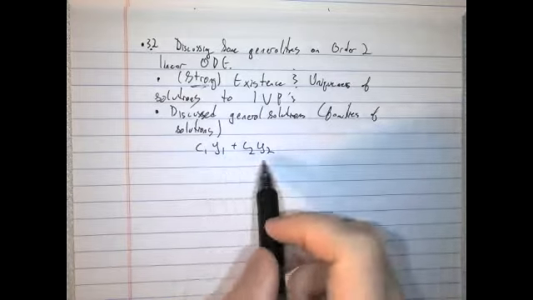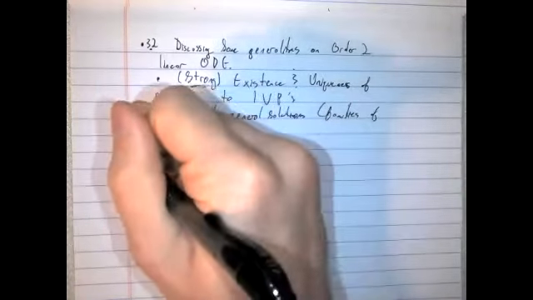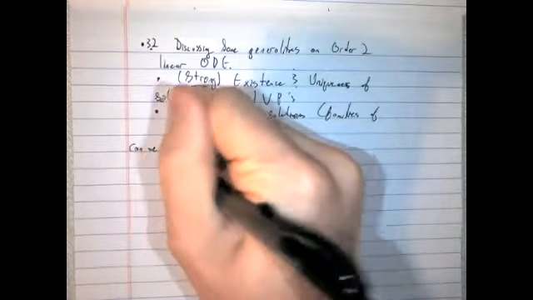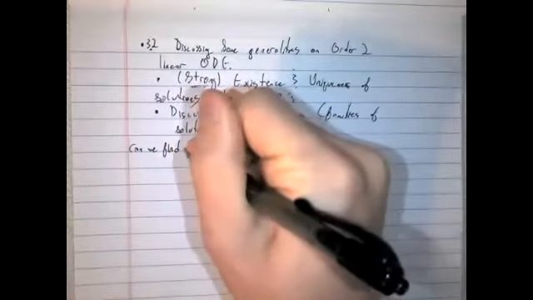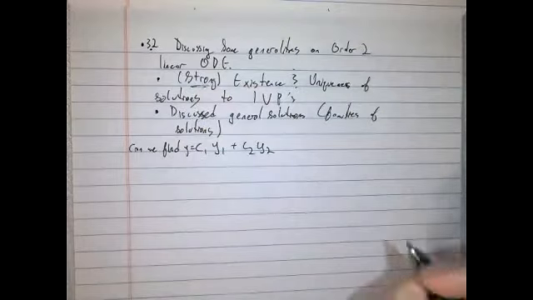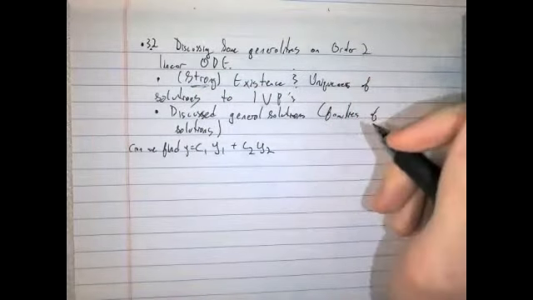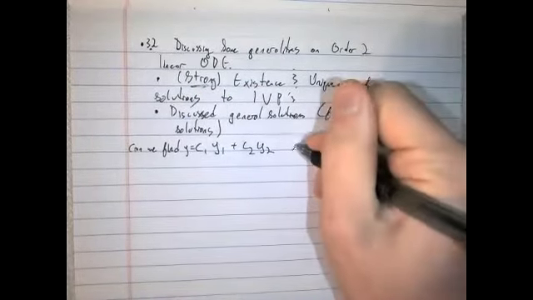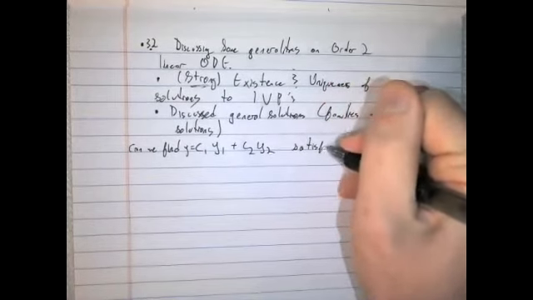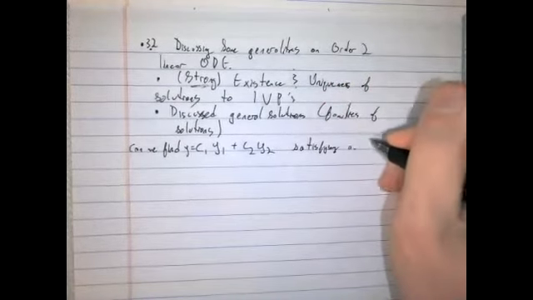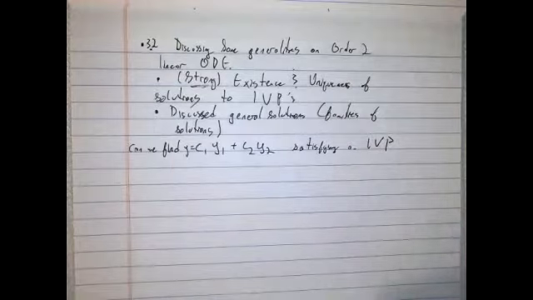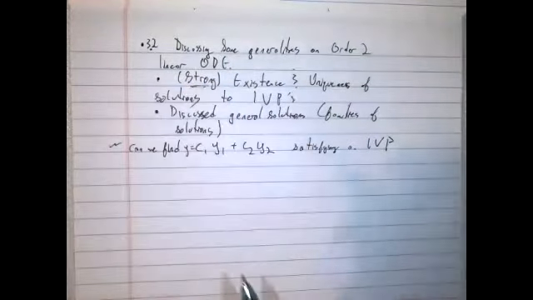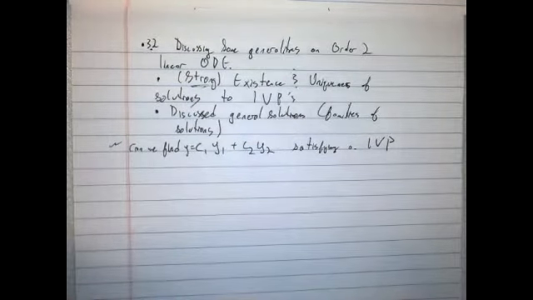The question is, can we find y equal to C1 y1 plus C2 y2 satisfying an IVP? This is a fuzzy question, but can someone remind me more or less what the answer is going to be?